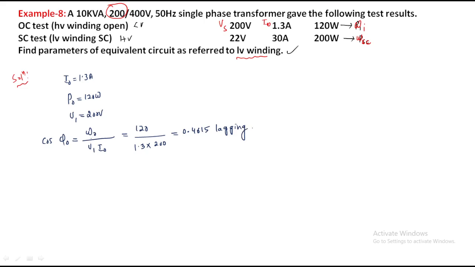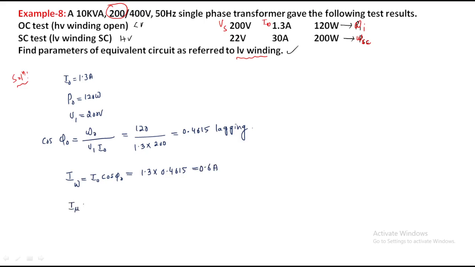Therefore, the working component of current, IW, is equal to I naught into cos phi. Simple, we have to calculate R naught, X naught, IW, I mu and all data referred to LV winding, right? I naught is 1.3, power factor is 0.4615, which gives 0.6 amperes.